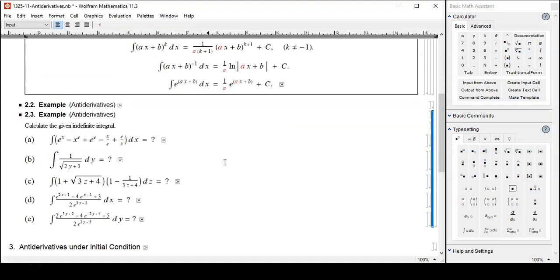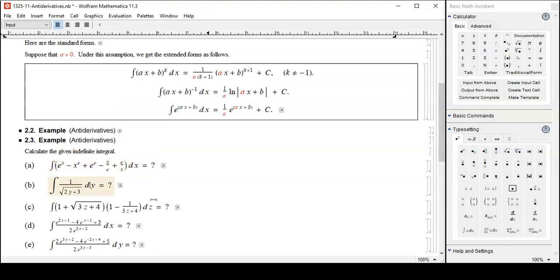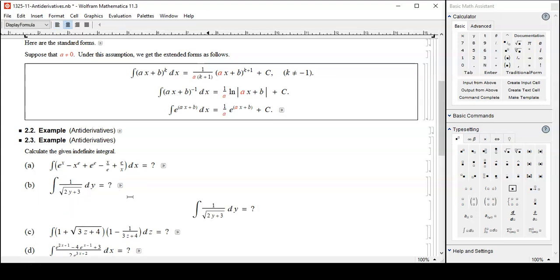Let's go ahead to a problem. I'll leave the first problem to you. Let's go to the second problem. This is, as a matter of fact, a power form like this. 2y plus 3 to the what power?